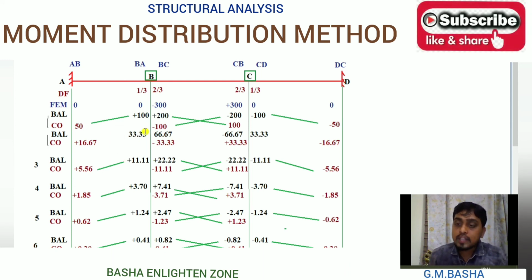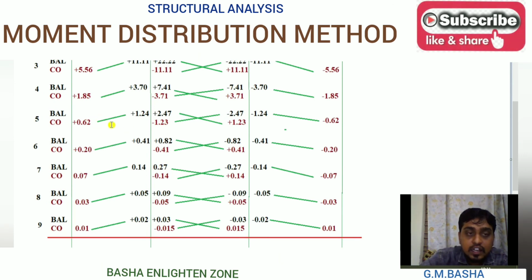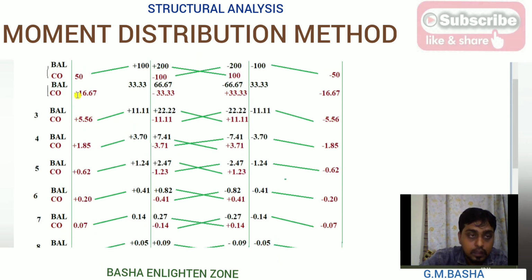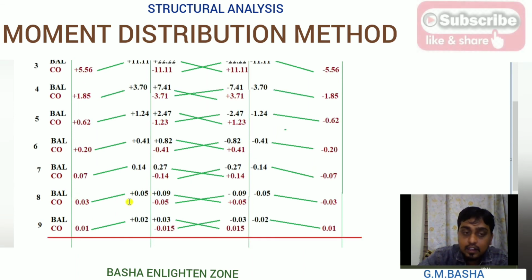Up to how many cycles we have to do this procedure? If you observe very clearly, each and every step, for example, here the moment will be 16.33. So in the next trial, it will be decreased to 11.11. Like that, if you go on repeating the cycles, you will get 0.41. Again, you can go on repeating, finally you will get 0.02.